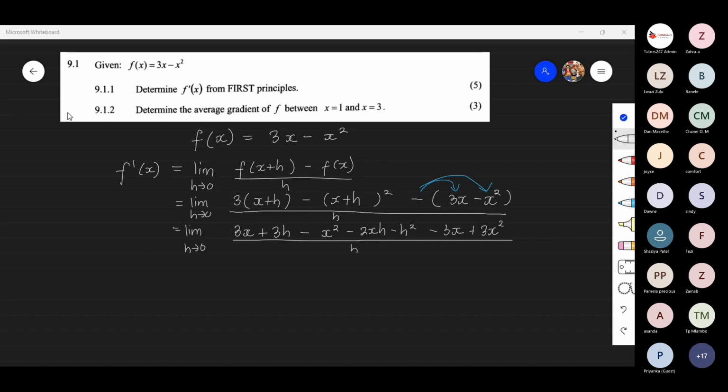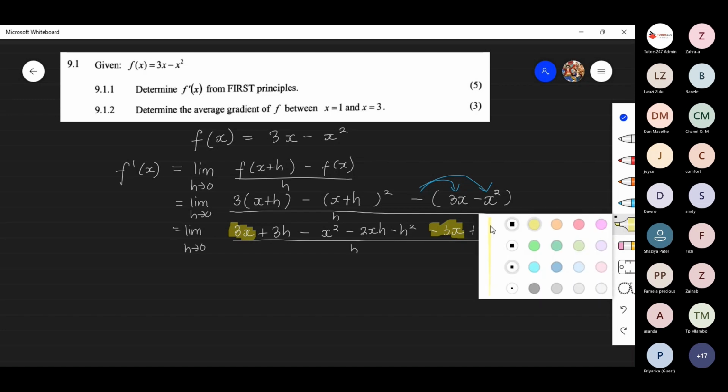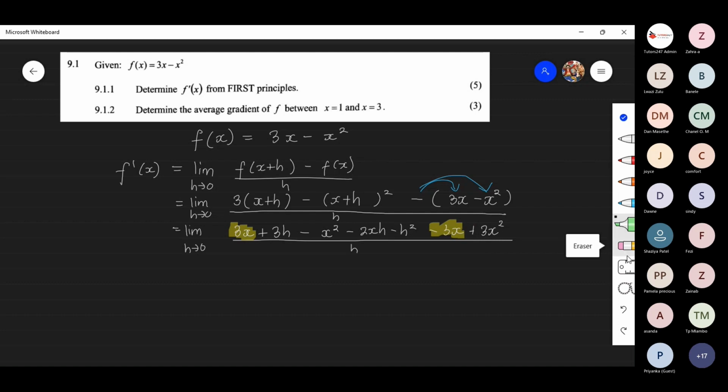Now from here, we need to add up our like terms. So we have 3x minus 3x, which will give us 0. And then we have negative x squared. Sorry, this last part is an error. This is just supposed to be positive x squared.